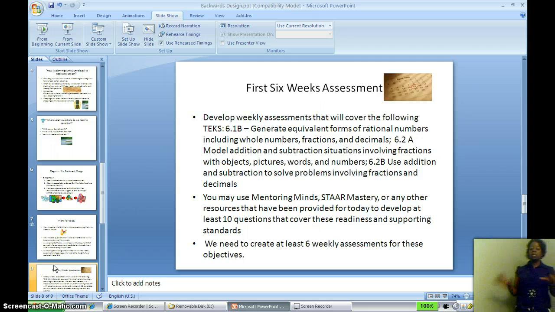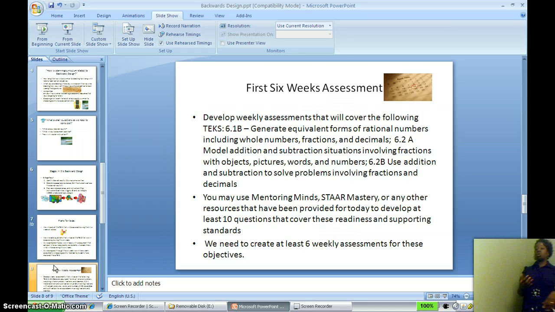During the first 6 weeks assessment, as we're looking at our planning, we want to develop an assessment that covers our first 6 weeks objectives. The first one we want to look at is 6.1b. We want to make sure that students are generating equivalent fraction forms of rational numbers, including whole numbers, fractions, and decimals.